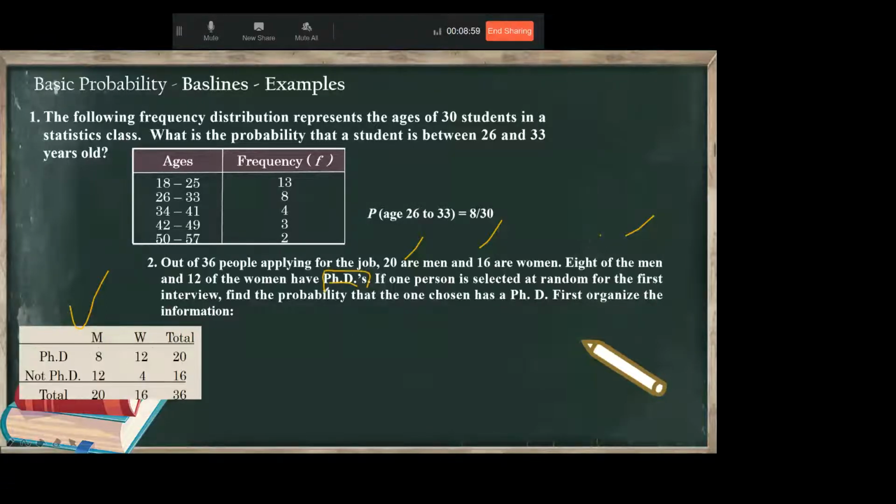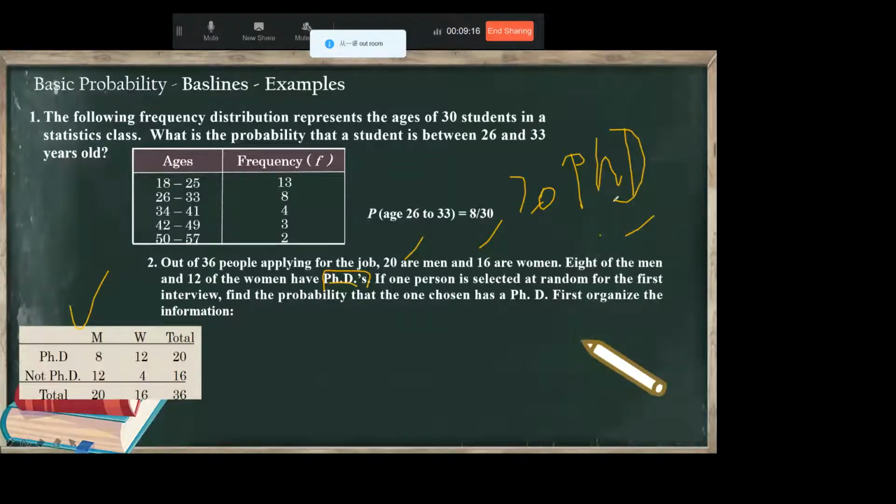Like they are doctors. So not everybody, but 8 of the men and 12 of the women, which means a total of 20 are PhDs.